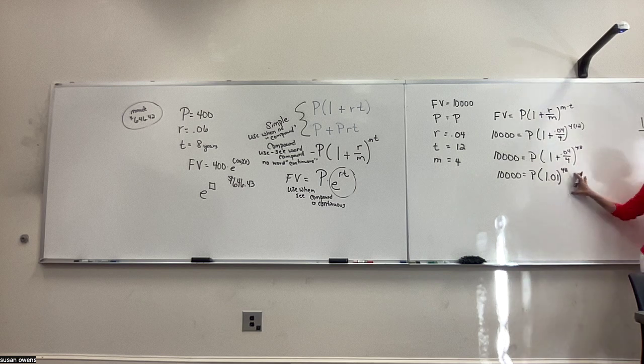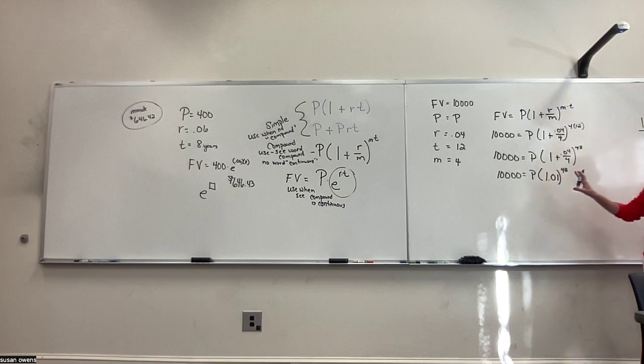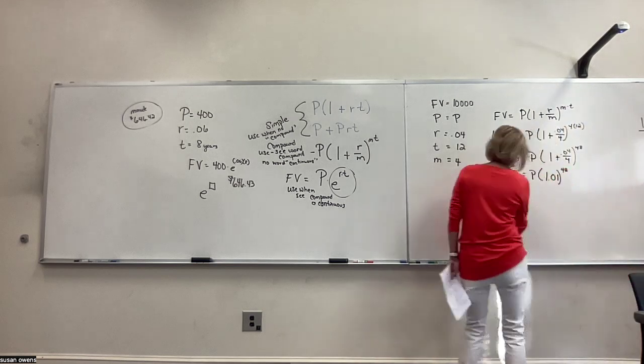So what else could we do here? If we want to get the P by itself, you want to do the math here? You want to take 1.01 to the 48th power? Okay, do that. 1.01 to the 48th power. 1.61, okay.